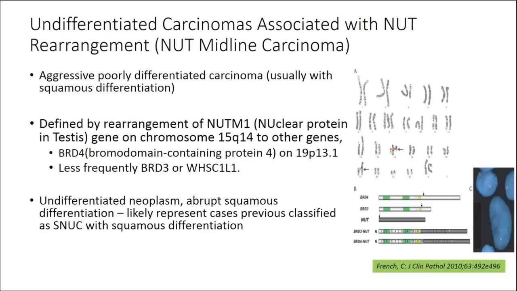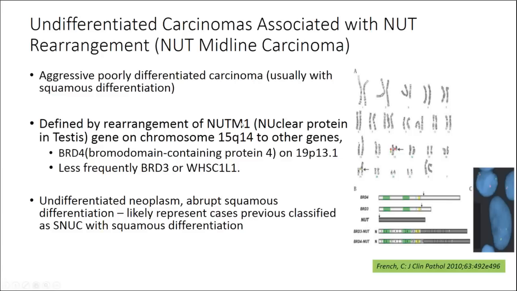So the NUT midline carcinoma, there's a series of carcinomas described by French at the Brigham, and these were very aggressive, poorly differentiated tumors that had these areas of squamous differentiation. They're characterized by a rearrangement of the NUTM1 protein to BRD4, the bromodomain containing protein on chromosome 19.